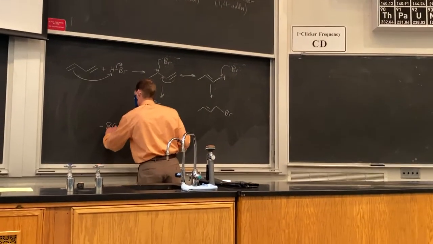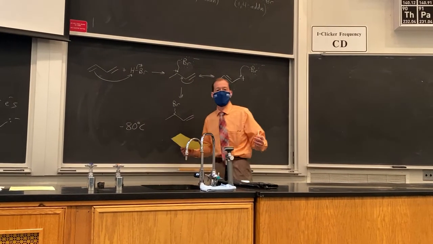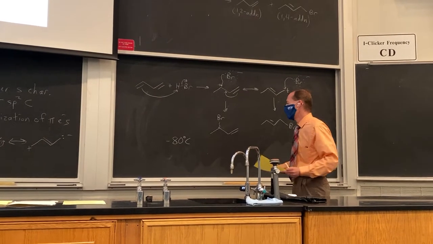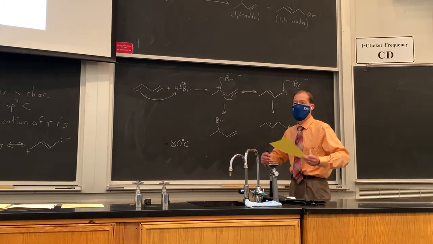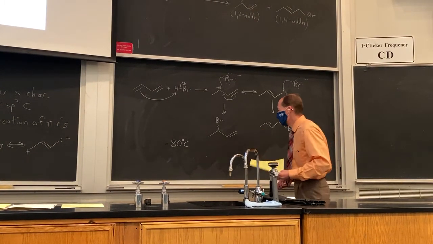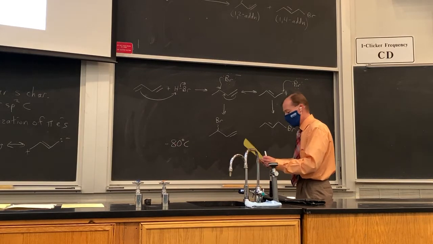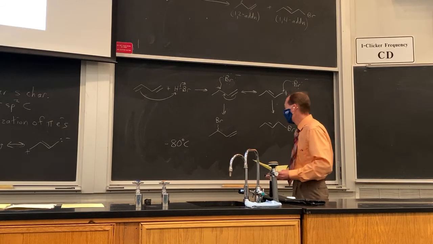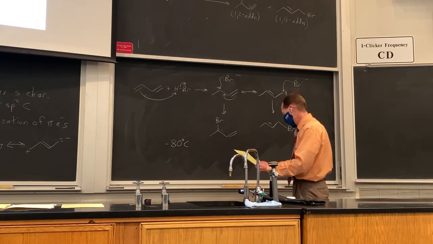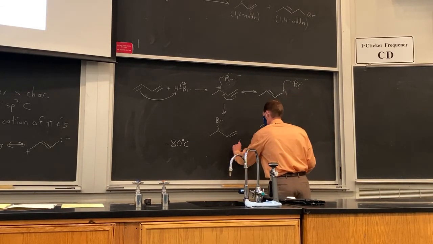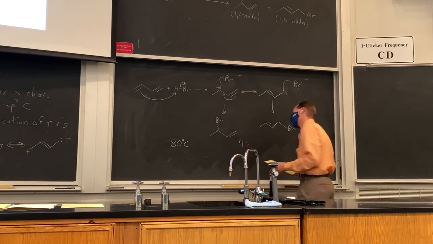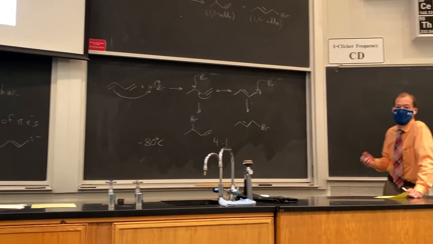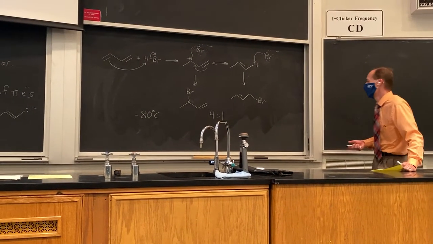So if we conduct this reaction at a very low temperature, minus 80 degrees, if you have a bath where you put dry ice and acetone, you can get down very close to minus 80 degrees. That's basically the temperature that the Pfizer vaccine has to be stored at. If you're running this reaction at that temperature, you get a 4-to-1 mixture favoring the 1,2 addition product, okay?